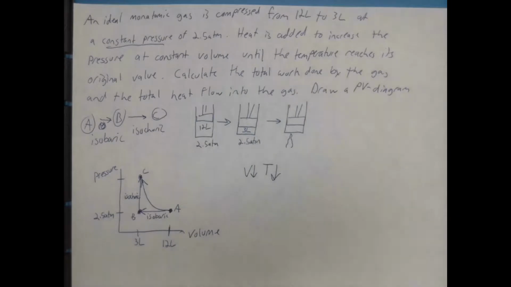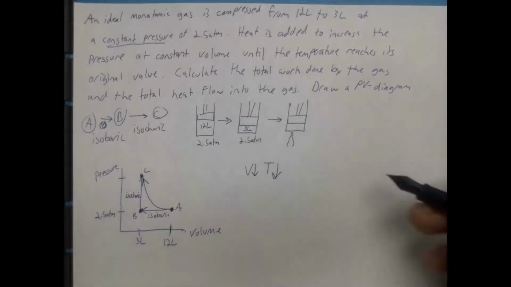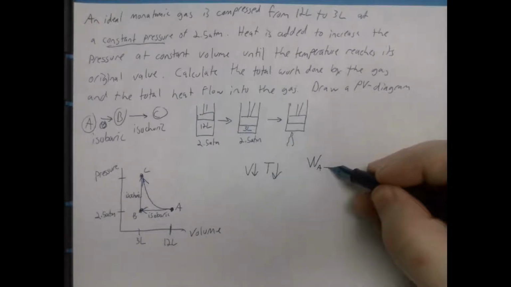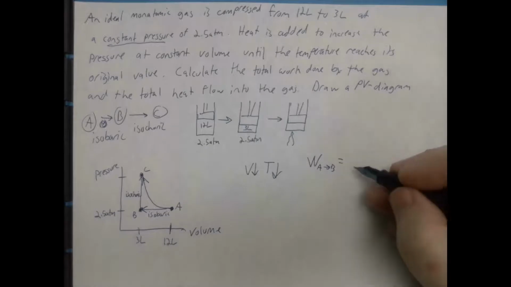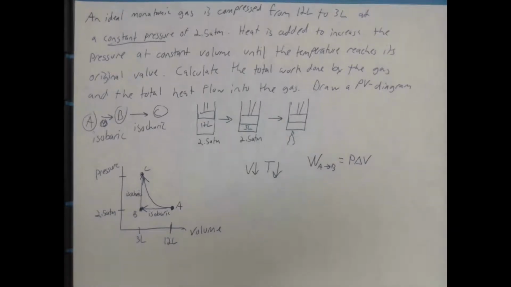So looking at your fancy table of equations, all we're trying to do is calculate work and heat. So what is the work from A to B? First, it would be isobaric, so pressure times the change in volume.